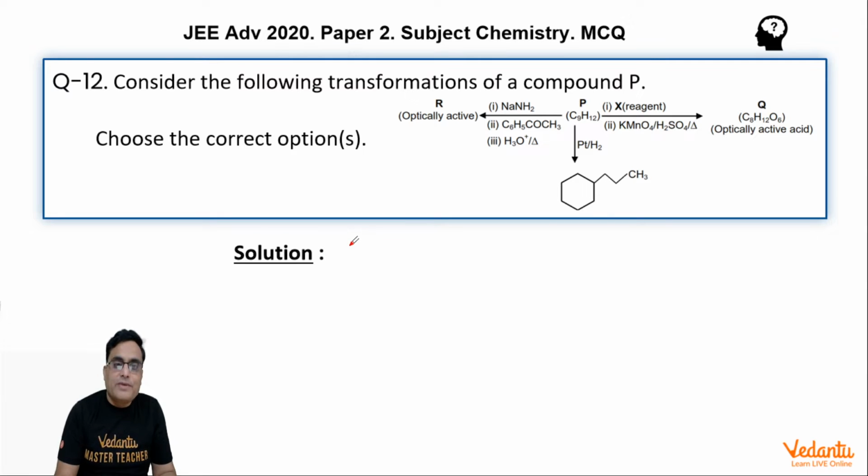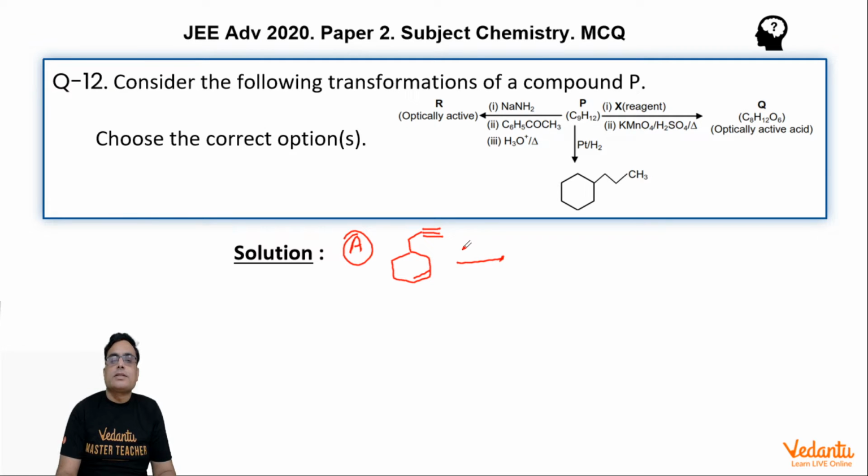If you consider P as the compound given in option A, then you will see it is 1, 2, 3 and this one, right? If we go for the Lindlar catalyst, that means H2, palladium and barium sulfate, you will have this compound 1, 2, 3 with a double bond.